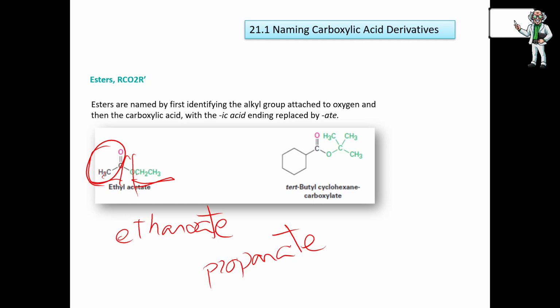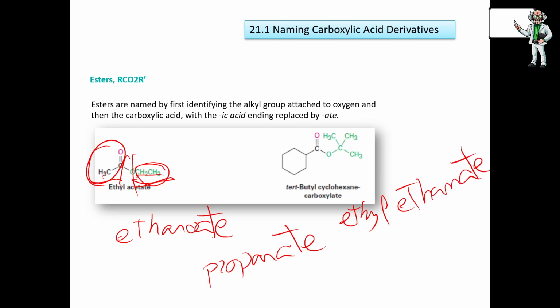And then the second part, we will name the second part like a substituent. That means that this is an ethyl, because it's a substituent, we have to add the final -yl: ethyl ethanoate.